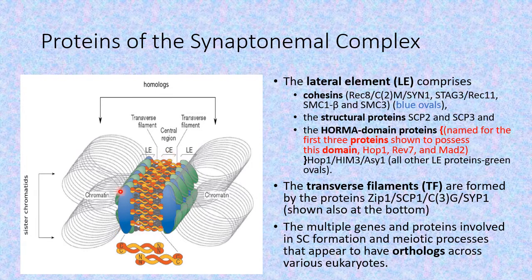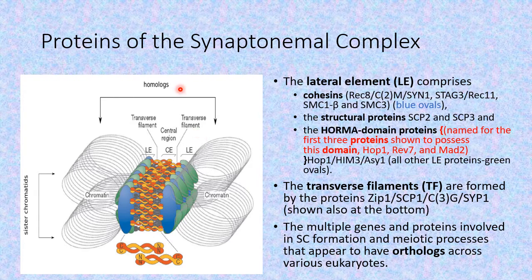Although these proteins which form the different parts or elements of the synaptonemal complex are orthologous, by the term orthologous we know that they share a common ancestry, and during the time of evolution certain changes, certain alterations, take place in the genes.